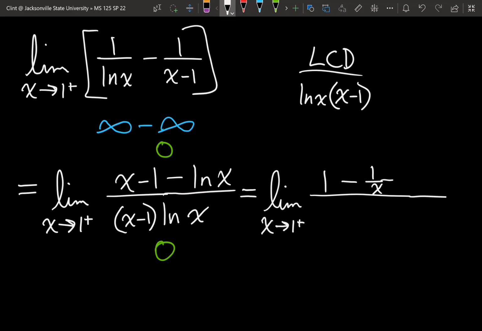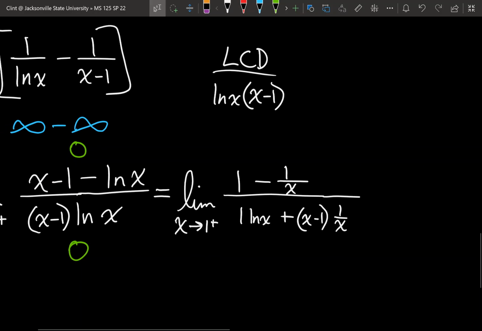It's the derivative of the first term, x minus 1, so that's just 1, times ln of x, plus the first one, x minus 1, times the derivative of ln of x, which is 1 over x. And we don't have to have this 1, so I'll just get it out of there for tidiness.